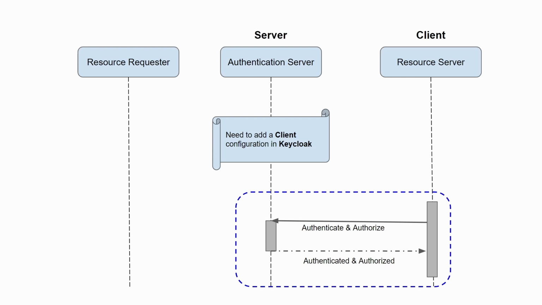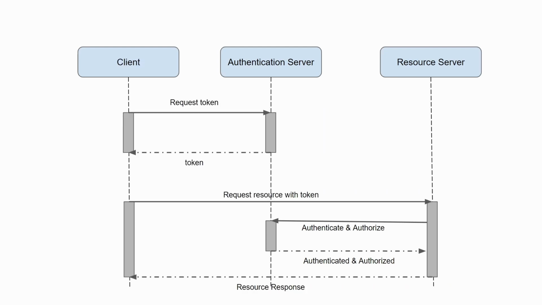From these three sets of communications, we have seen that the resource requester is a client whenever it is communicating with the authentication server or the resource server. Hence, instead of calling this the resource requester, we can call it the client. This architecture can be used whenever the client is a UI application like an Angular application or Postman.